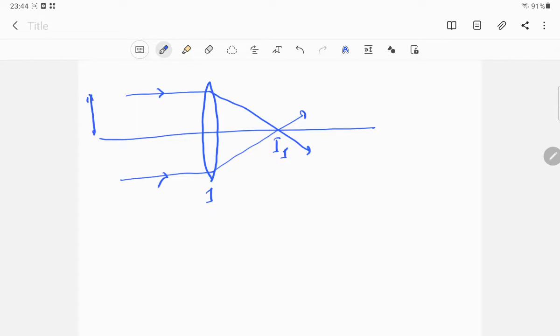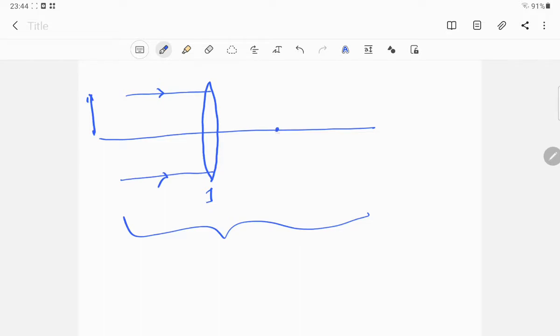Now suppose that you have a complicated system. This looks like a very simple system, isn't it? This is an optical system, but it contains only one lens. But if there is an optical system which contains more than one lens, then what will be the situation? Suppose I remove these rays.